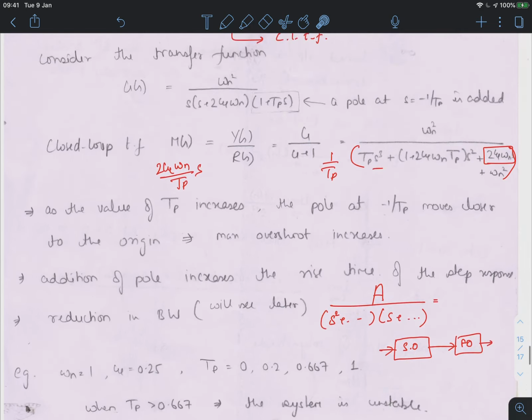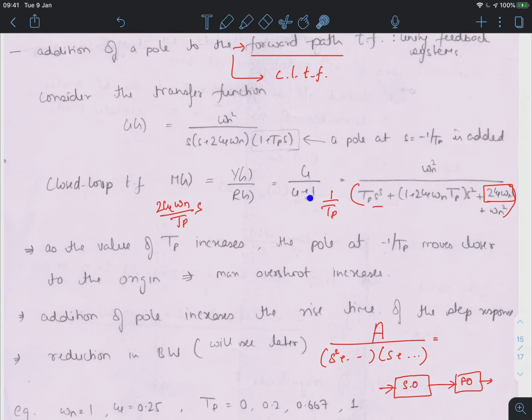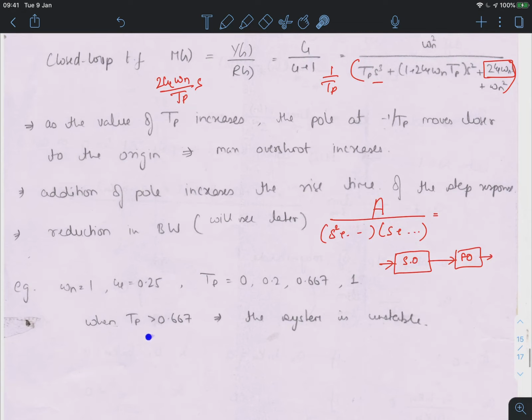The interesting point here is that this is the forward path transfer function. Without this term, it is the nominal second order system we had seen earlier, with poles at s equal to 0 and s equal to minus 2 xi omega n. Now if I add an additional pole, which is also on the left hand side, and then form the closed loop transfer function, then for tp greater than 0.667 you would notice that the system becomes unstable.